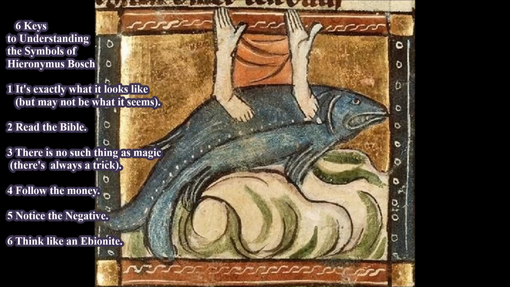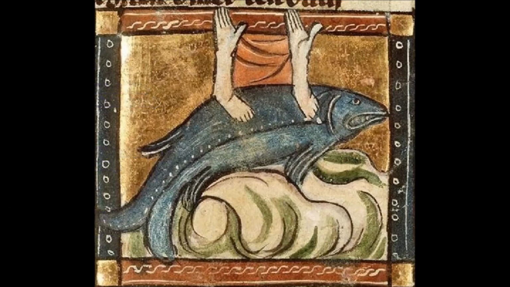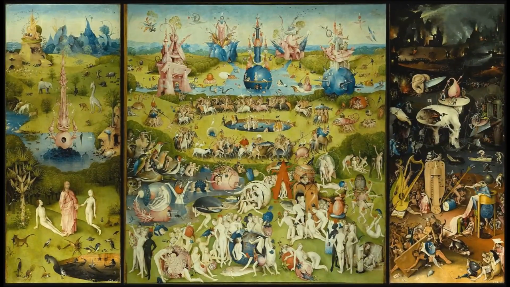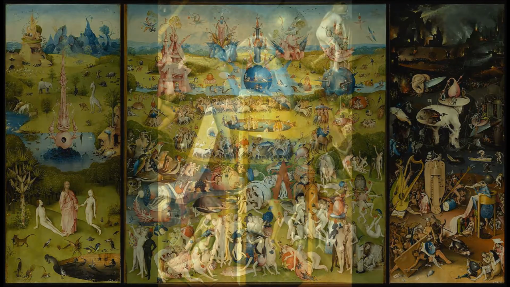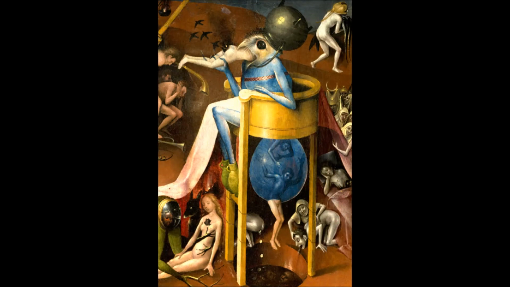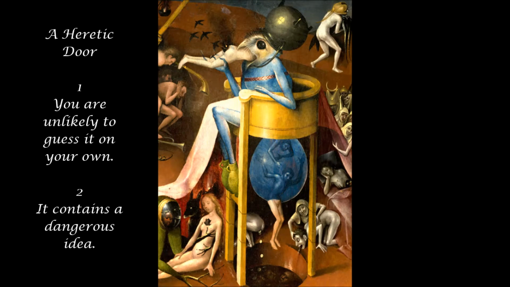There weren't a ton of these, by the way. I only know of 4 of them, unless you count the works of Hieronymus Bosch, which is pretty much a fountain of heresy once you understand what you're looking at. You can think of the Garden of Earthly Delights by Hieronymus Bosch as being one gigantic heretic door, because he uses the symbols in the exact same way.